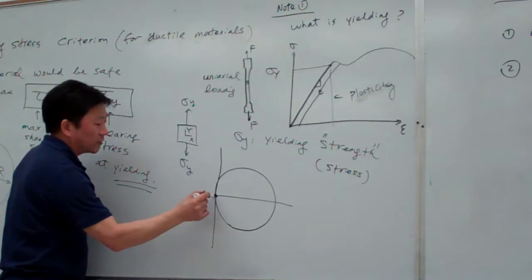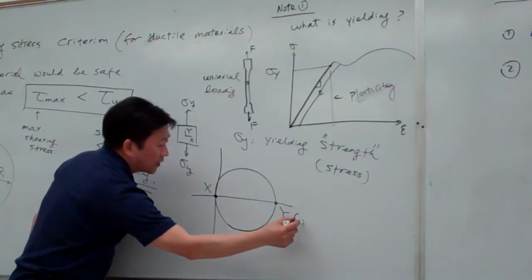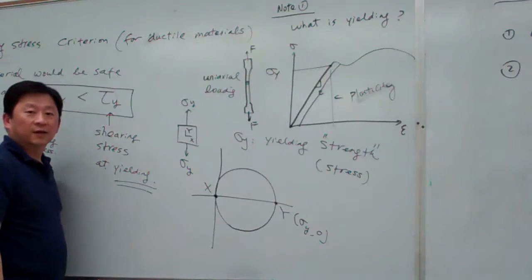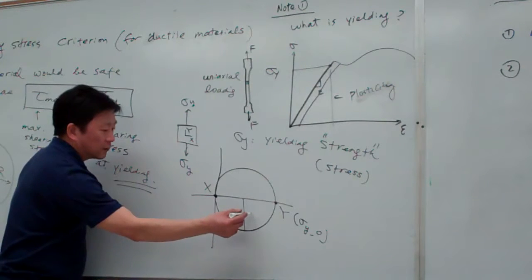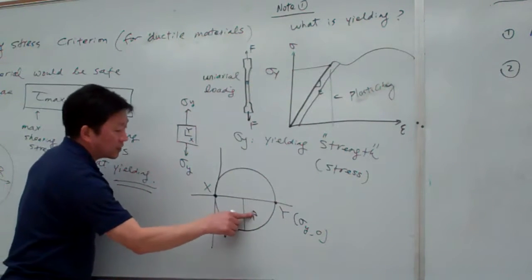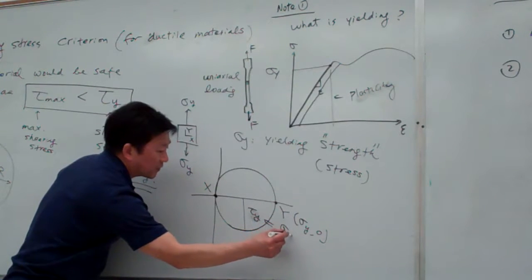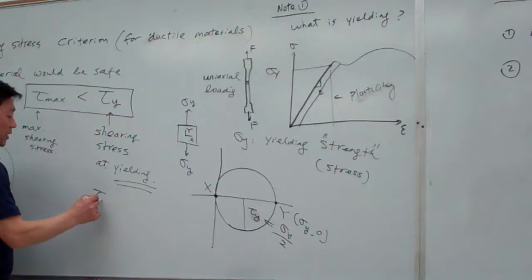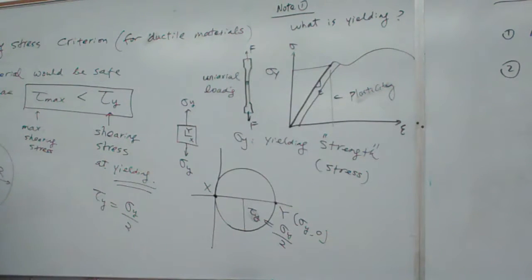At y, its magnitude is sigma y and 0. Therefore the corresponding shear stress, the radius R, equals tau y, which in this case is sigma y divided by 2. So basically tau y equals the yielding strength divided by 2.